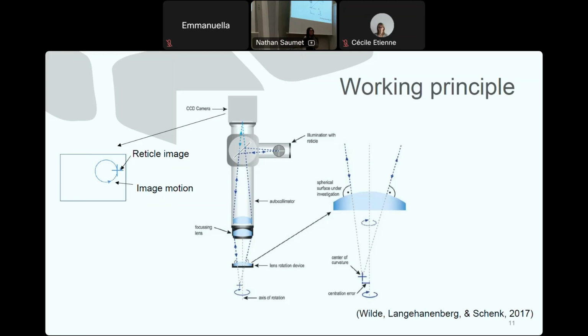We can use it for different types of lenses and even diopters. Most of the time it works really well for spherical diopters, whether diverging or converging. It's not a problem. We can also use it for plane diopters and even for aspherical ones. So yeah, it's quite complex.